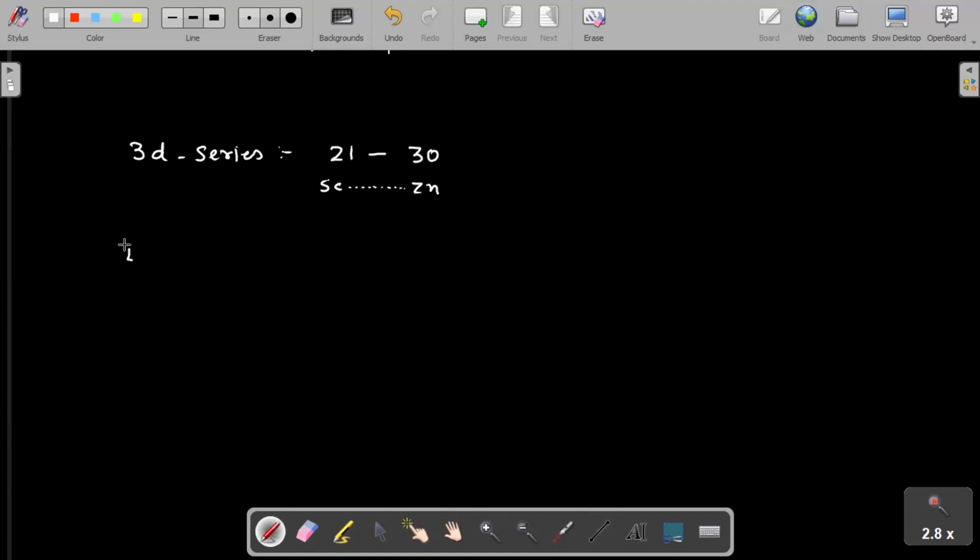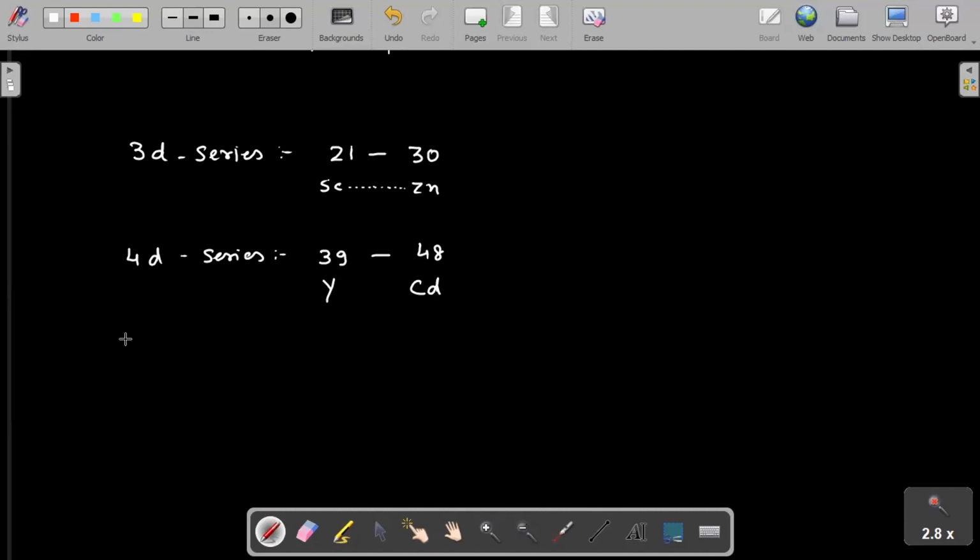The 4D series starts from 39, that is yttrium, to 48, that is cadmium.